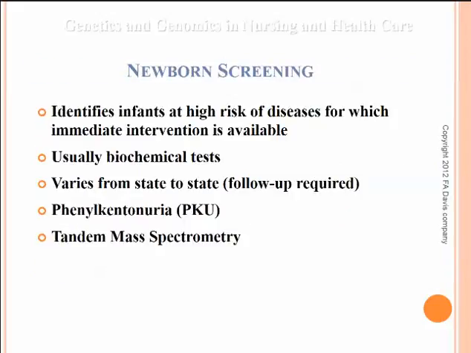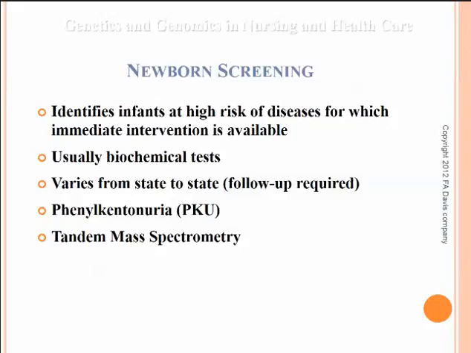Newborn screenings. Newborn screenings are the little heel sticks that newborns get right after birth and then 10 days to 2 weeks afterwards. This identifies infants at high risk of diseases for which immediate intervention is available. So the pressure is on to get these tests and look for these biochemical markers so that we can treat things like hypothyroidism and other disorders before they start to cause permanent damage to the newborn.